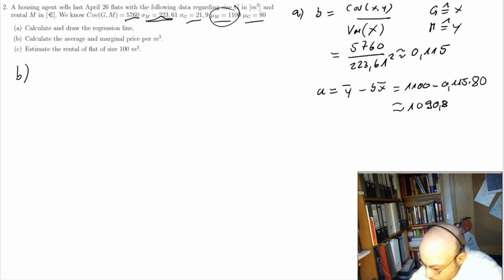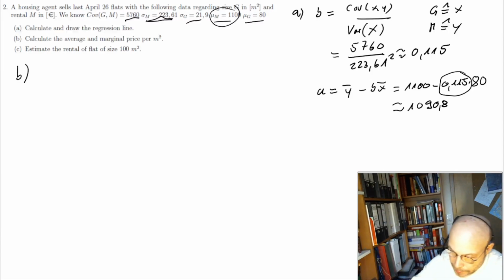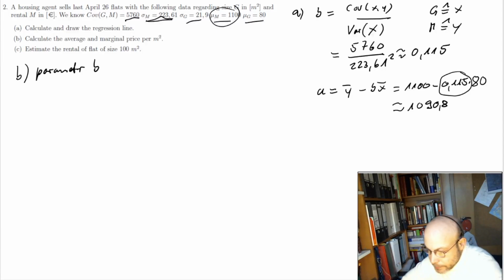Well, there of course you just have the parameter B, because if you have a linear function, then of course the first derivative is just the slope of this linear function.